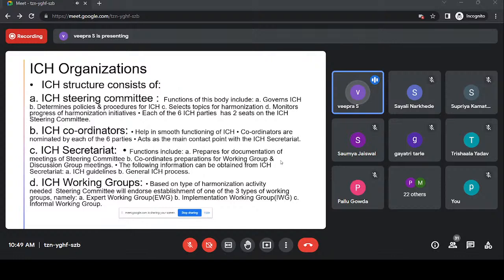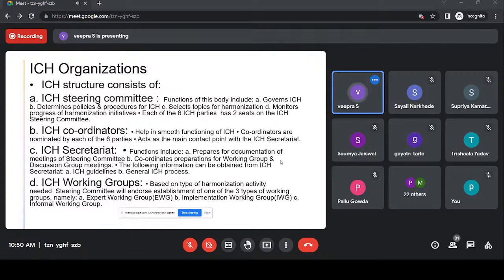Then it contains another one, which is ICH coordinators. These ICH coordinators help for the smooth functioning of the ICH. They are nominated by these 6 parties, and they also act as the main contact point with the ICH secretariat. So there is an ICH secretariat. The ICH secretariat prepares the documentation of any ICH meeting.